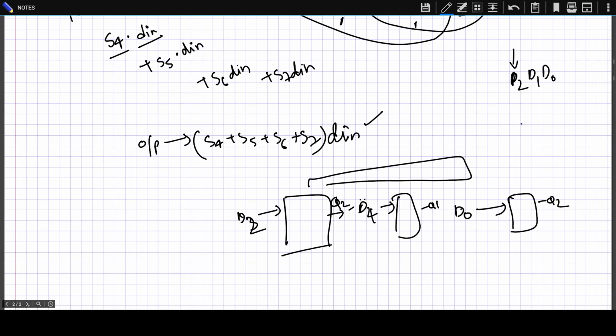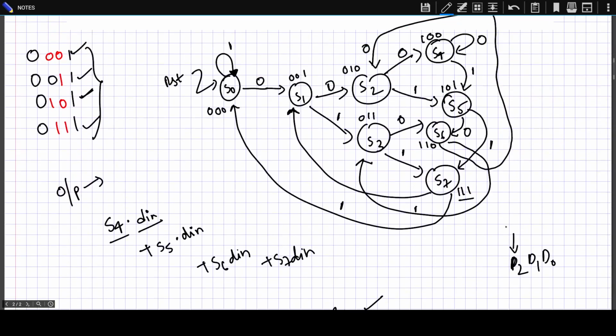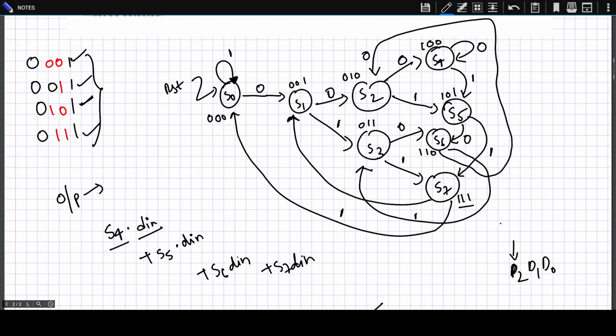I'll write the design equation for D0, and you can write the design equations for D1 and D2 by the same method. For D0, where are the states where D0 is getting high? State S7, state S5, state S3, and state S1.